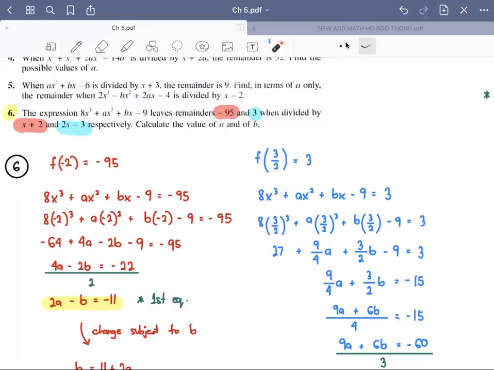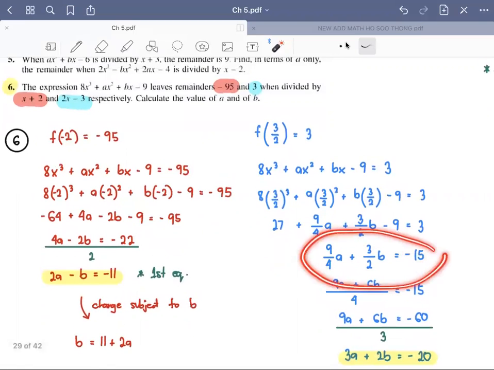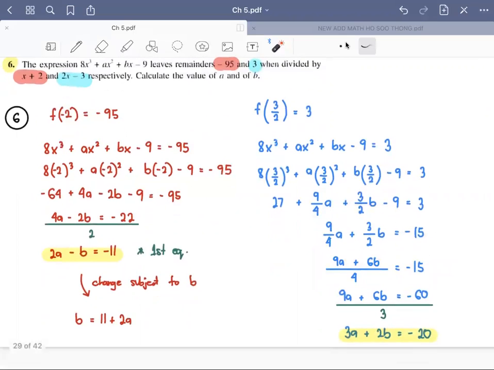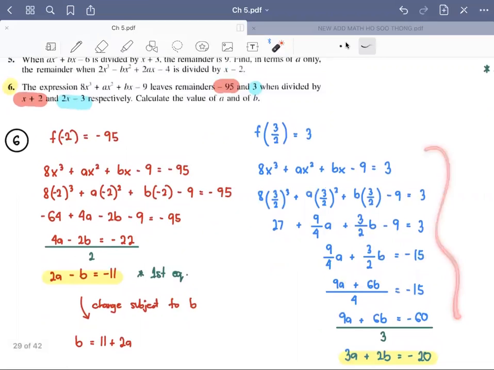And then from here, basically, class, you can use this as your second equation. However, I think it will be difficult for me if I keep these fractions. So what I did here, class, that's why this is a bit long, because I don't want to have fractions in my second equation. So I removed the fractions by combining these two right here.